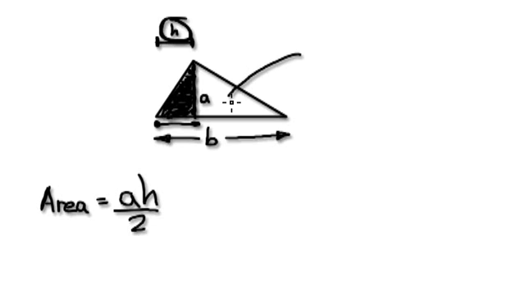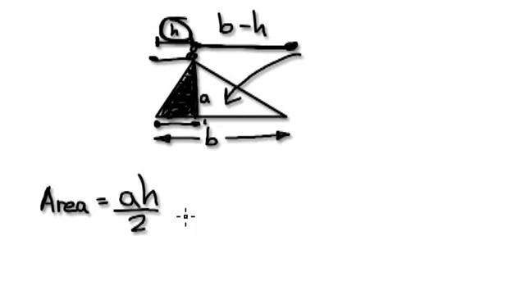Now let's concentrate on this area here. Remember, if from here to here is h, then from here to here would be b minus h. So get a, the height, times b minus h, and then divided by 2.